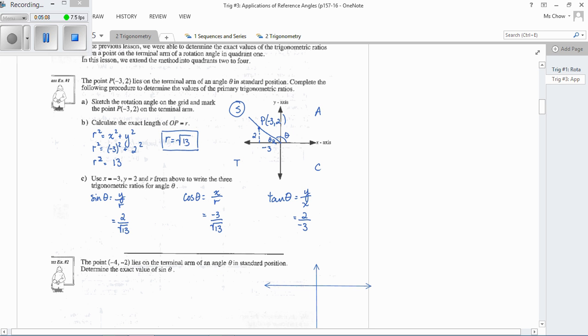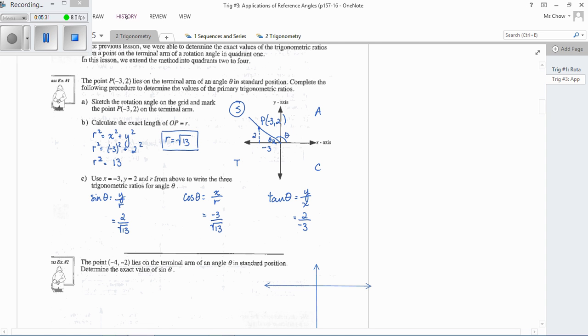CAST is just a means to check our work, but at the same time, we can recognize that because we've assigned the value -3 to our x, that's why the cosine and the tangent already come out as negative. One last thing to consider would be to rationalize the denominator, because we don't want a radical in the denominator.